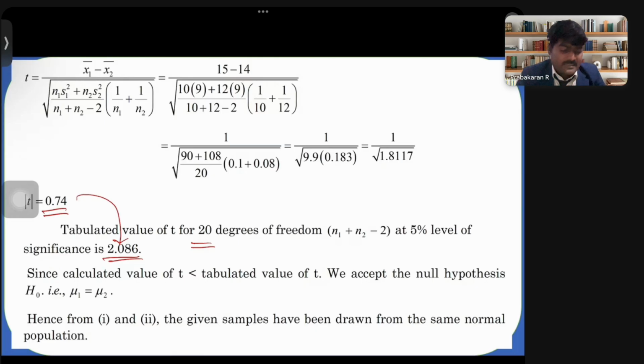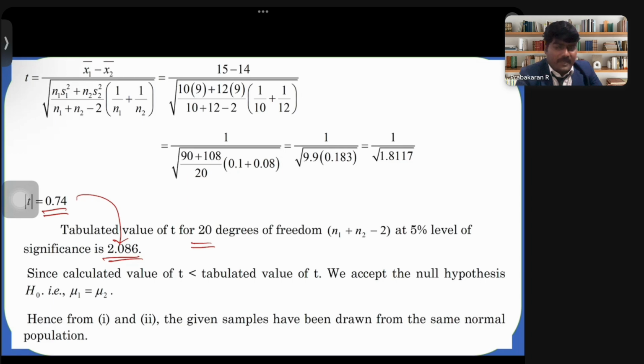So these are all the things. In this session we have seen the t-test and F-test. Keep this in mind: if they give two samples and ask whether the two samples come from the same normal population, asking in general, we have to make use of both the t-test and F-test.